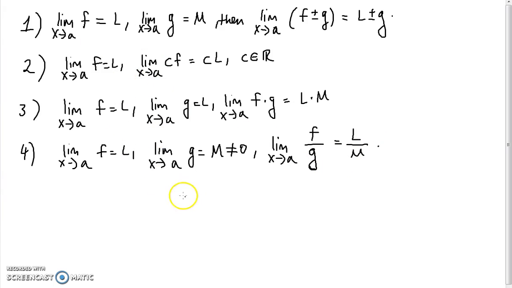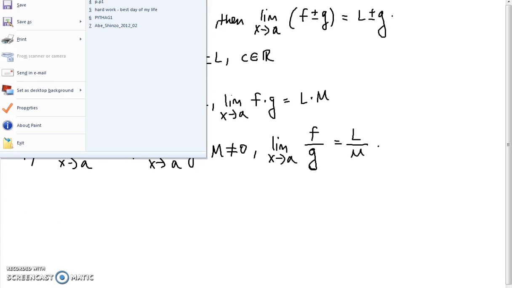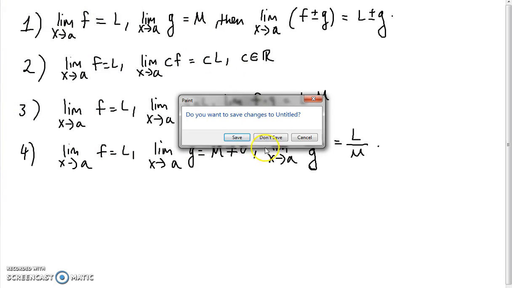Okay, so really these are pretty much all the properties that you're going to be using. There are a couple of more properties which involve continuous functions, but I think I'll go over them in a different video. So for now we'll address these properties, and from now on I'll be stating the proofs of these properties. So if you're not interested in the proofs, then you can stop the video here.